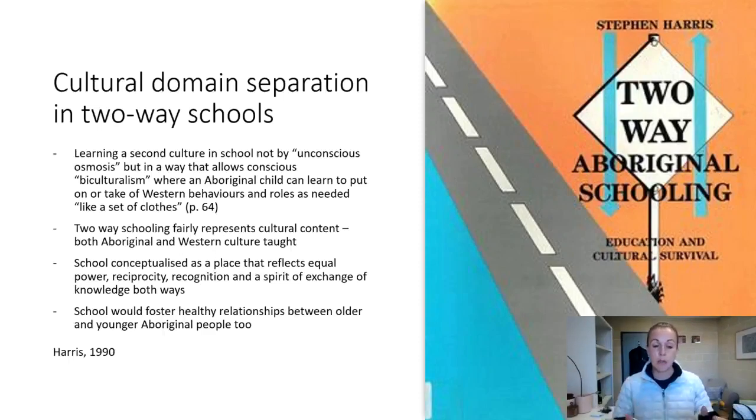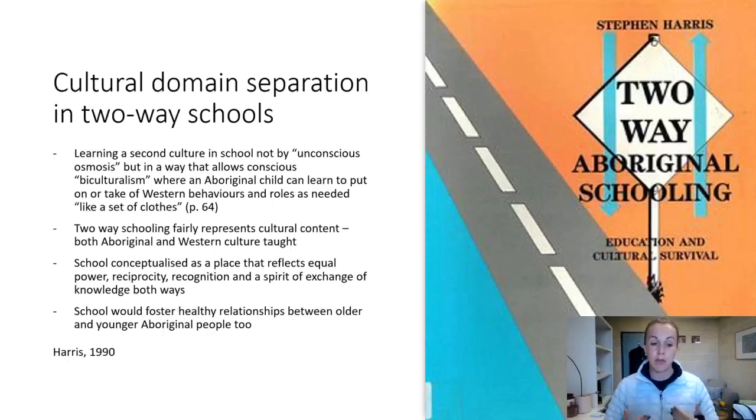So schools need to do both of those things, the two-way schooling system, which fairly represents both cultures in that context. And he offers examples of successful schools from communities where this has been enacted, and he conceptualized that these both-way schools, or two-way schooling, are a place where there's equal power, reciprocity, and recognition between the two cultures, and a spirit of exchange of knowledge both ways.